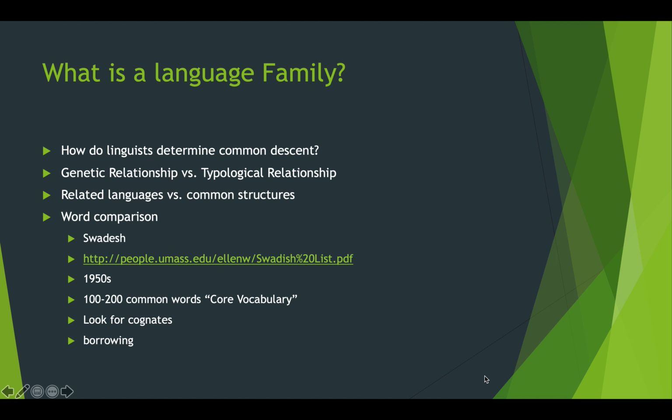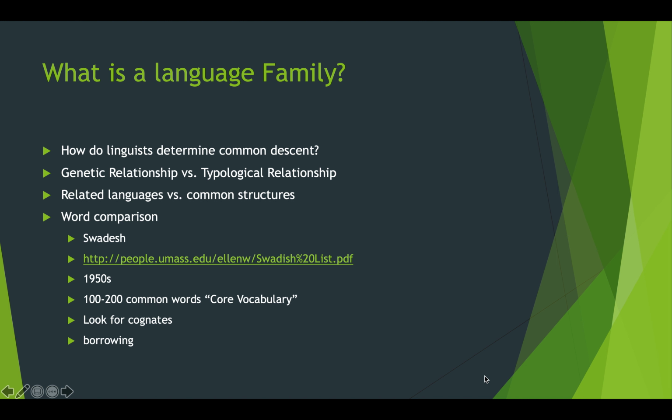What linguists would do is find the translation of these 200 words in language A and the translation of these 200 words in language B, and compare and see how many of these are exactly the same, very similar, or roughly the same, and how many are completely different. And by that, try to judge how related these languages are.